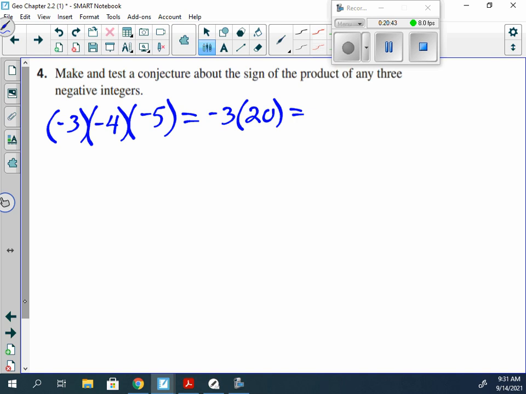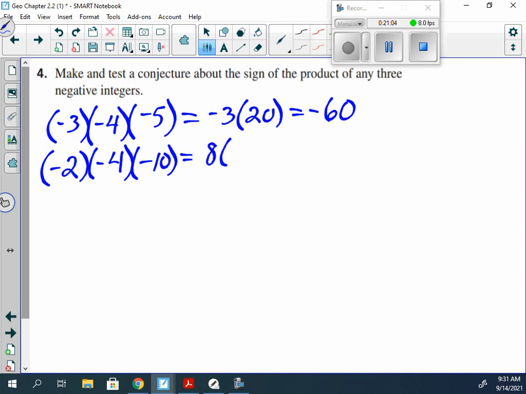And -3 times 20 is negative. I just picked -2, -4, -10. Well, -2 times -4 is 8. 8 times -10 is negative -80. Y'all see a pattern?